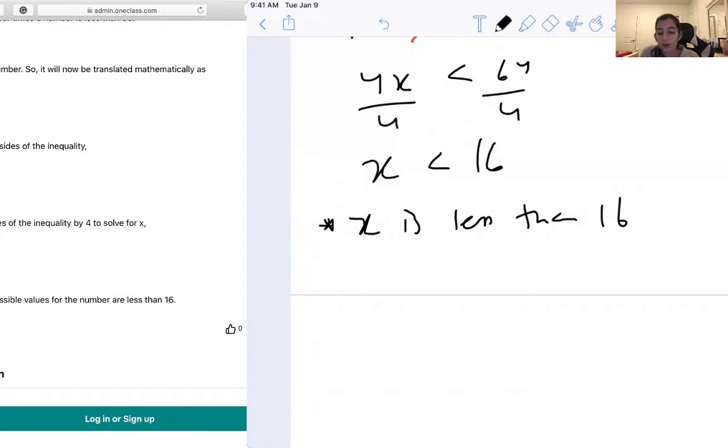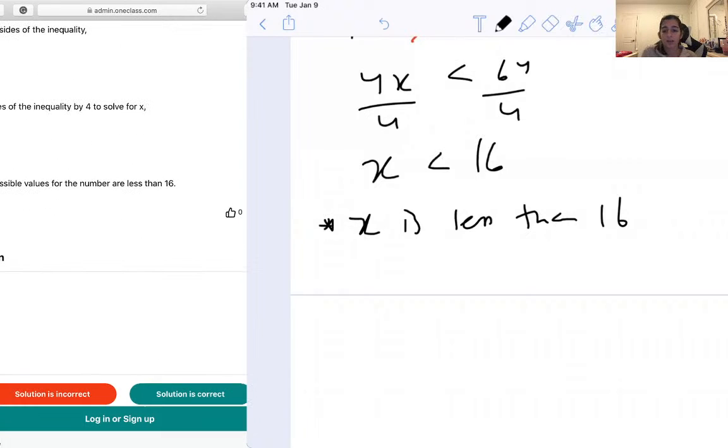So again, therefore, the possible values for the number are less than 16.